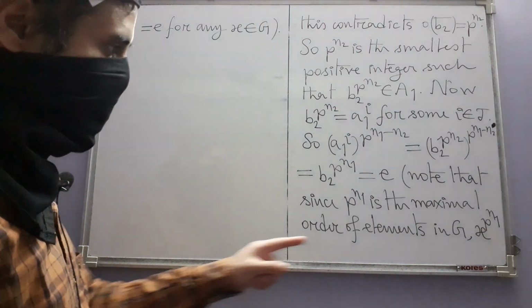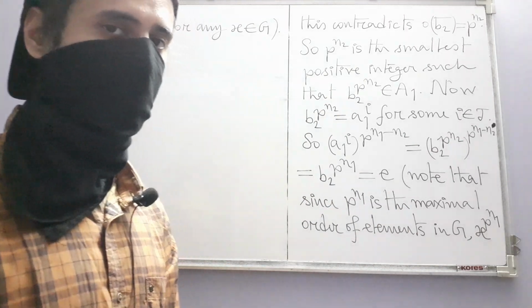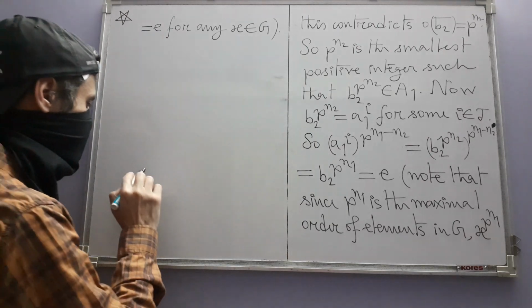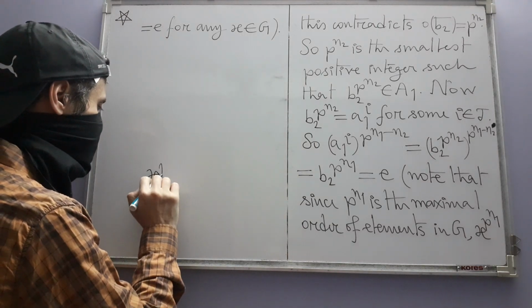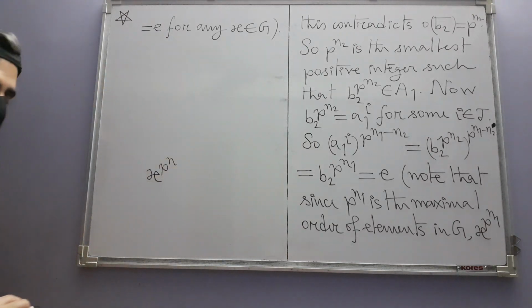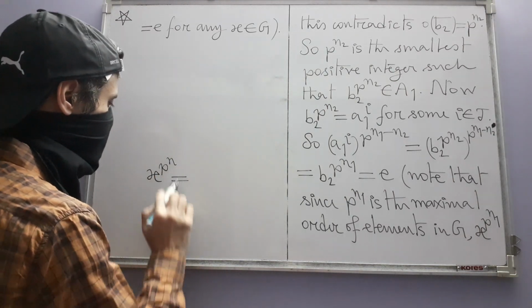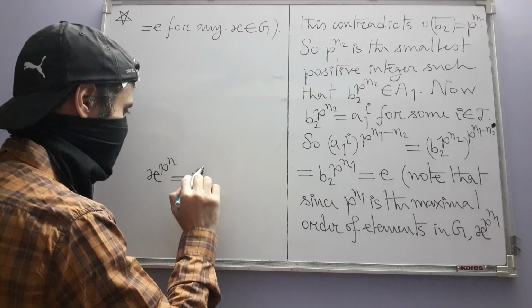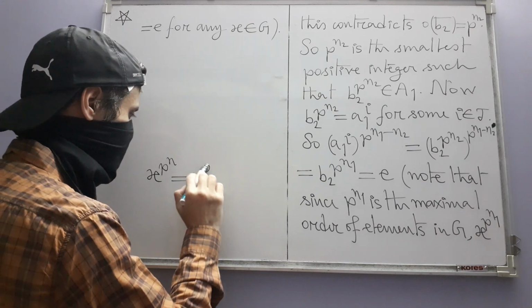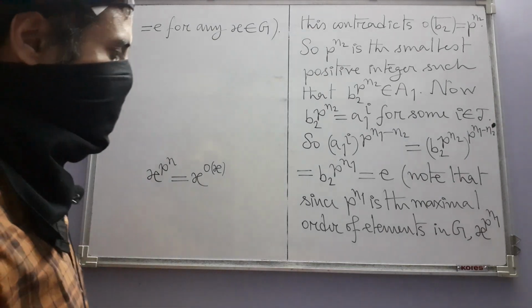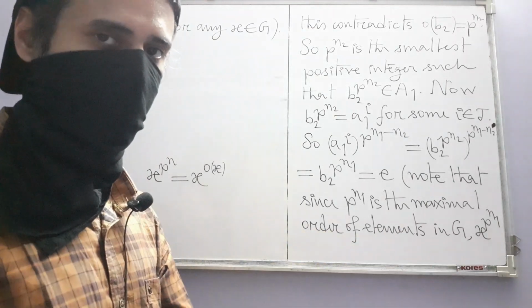However, this itself may be a little confusing. Why is this true? Let's see. You have x to the power p to the power n, right? Note that you can write the exponent like this. X to the power order of x, you see, x being an element of capital G will have its own order.